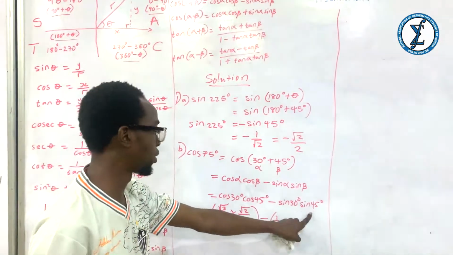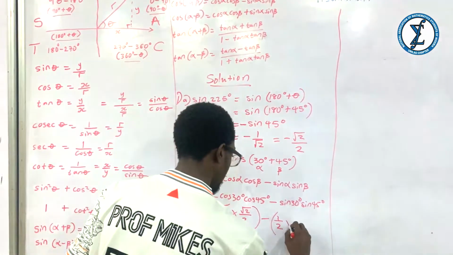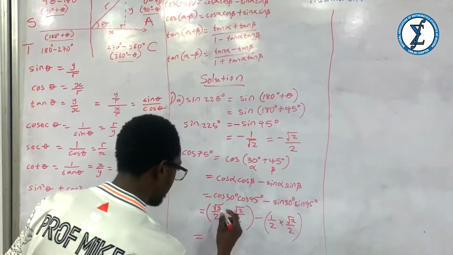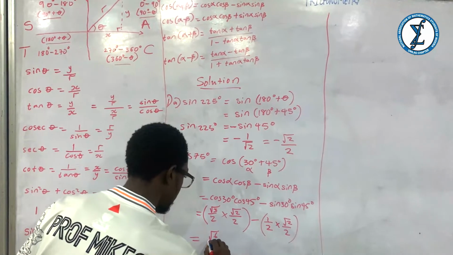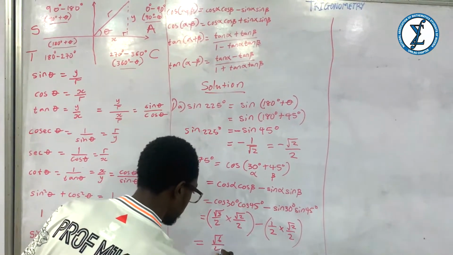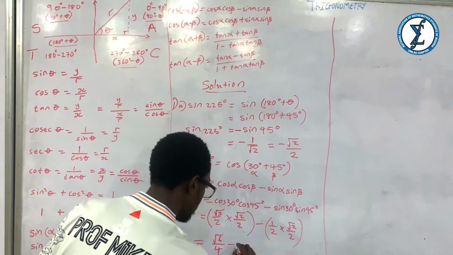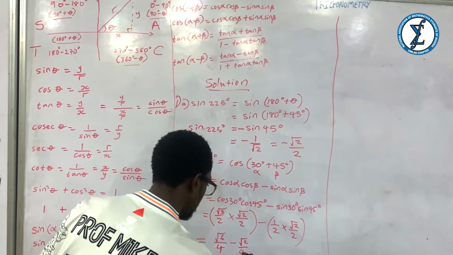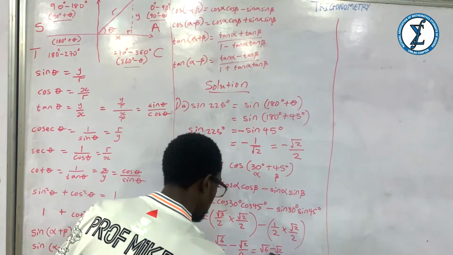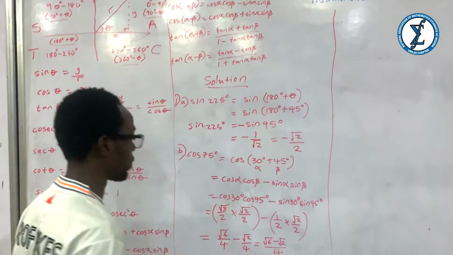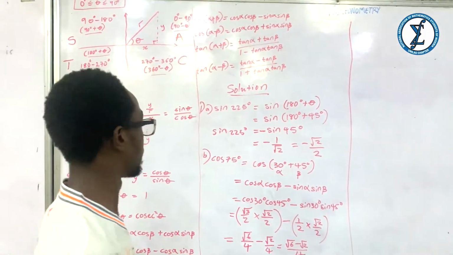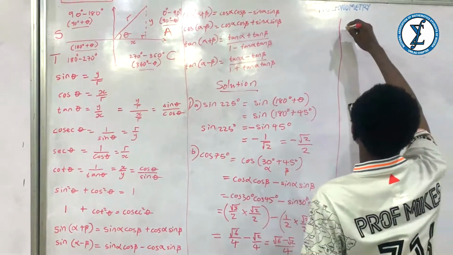And sine 45 degrees, also 1 over root 2, but when we rationalize, that's root 2 over 2. Evaluating very quickly, we have root 6 over 4 minus root 2 over 4. That gives us root 6 minus root 2 over 4. And you can leave it at this because the surds are different.